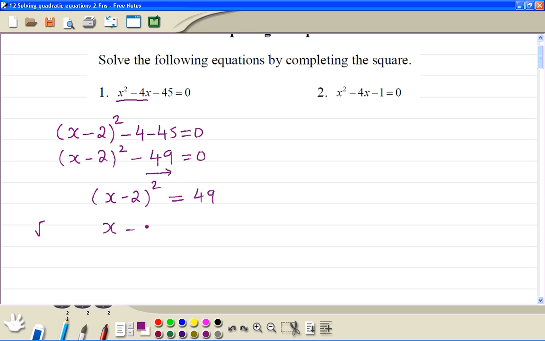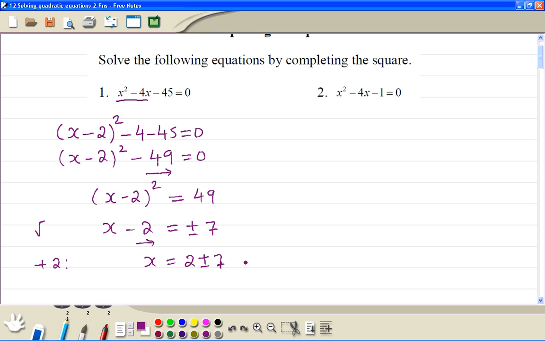So we have x minus 2 equal to plus or minus root of 49, which is 7. Then we take minus 2 to the other side, so plus 2 on both sides. So we have x equal to 2 plus or minus 7.